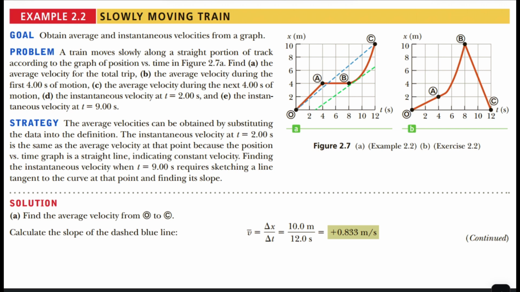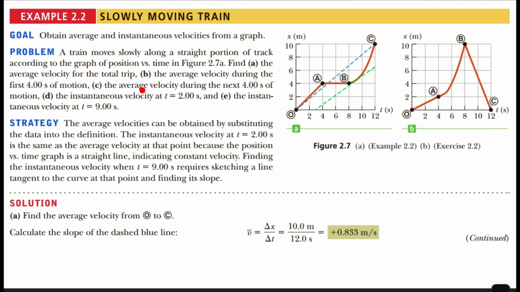Example 2.2, slowly moving train. A train moves slowly along a straight portion of track according to the graph of position versus time in figure 2.7a. Find A, the average velocity for the total trip, and B, the average velocity during the first 4 seconds of motion.